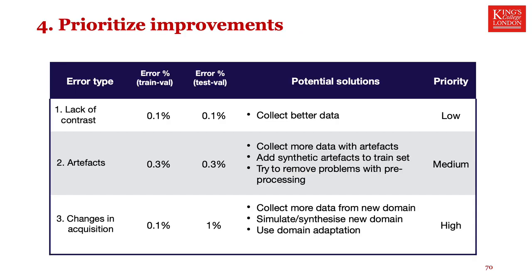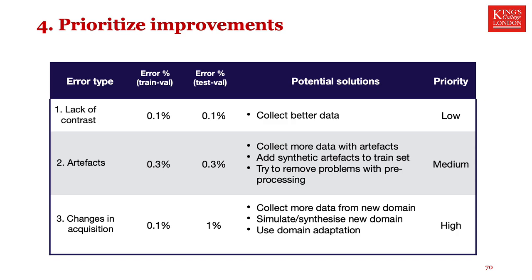And it's really important that we understand how to prioritize these improvements. For example, and again, this is all hypothetical, let's say that you have an image which has an error in terms of ability to classify something due to lack of contrast in the data.